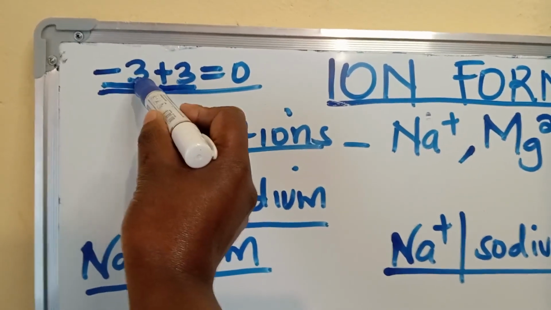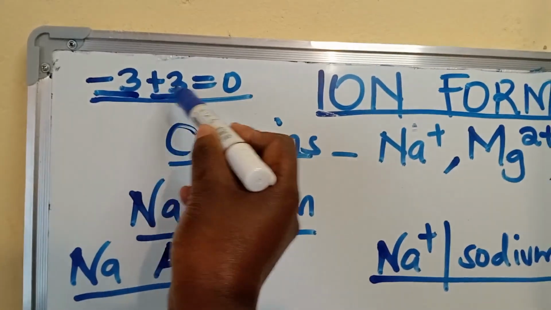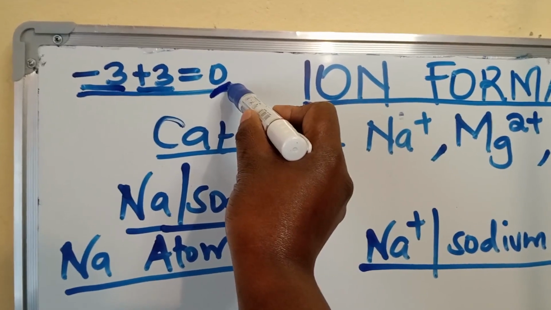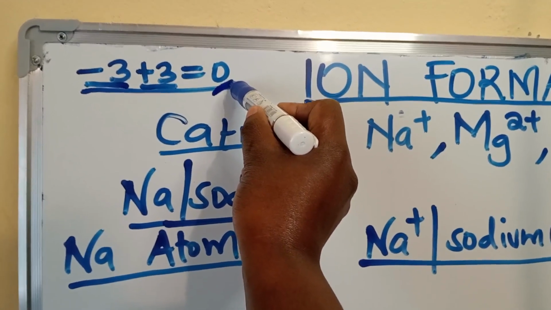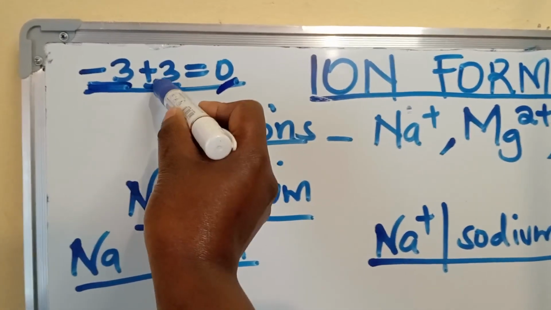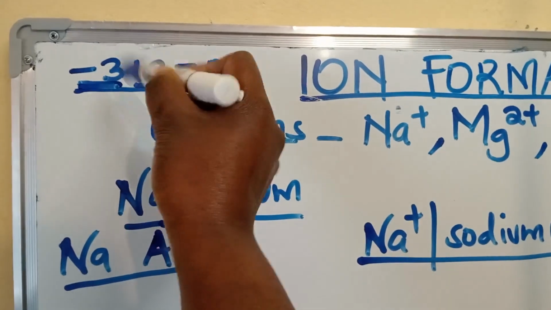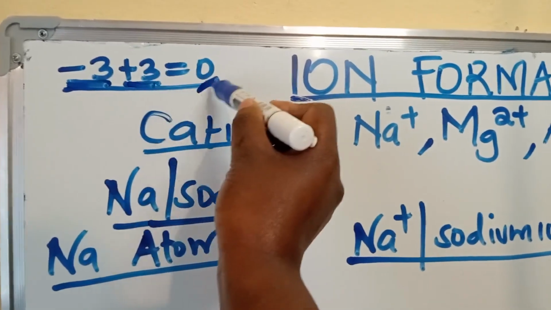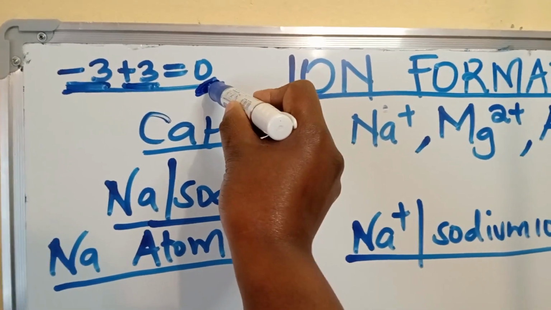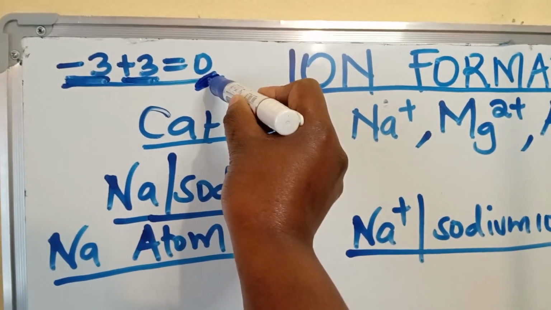We have 3 negatives and 3 positives. When you do the calculation, you end up with 0. The same idea happens in atoms. The number of negatives is the same as the number of positives, and so when you add them up, you get 0. That is where the neutrality is coming from.